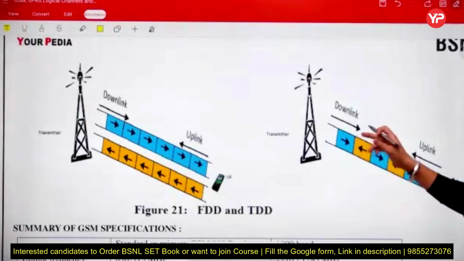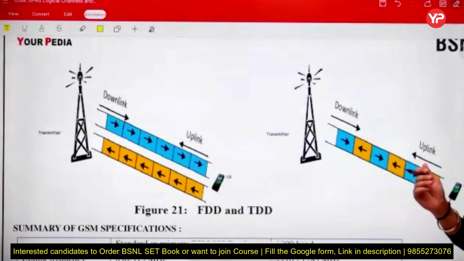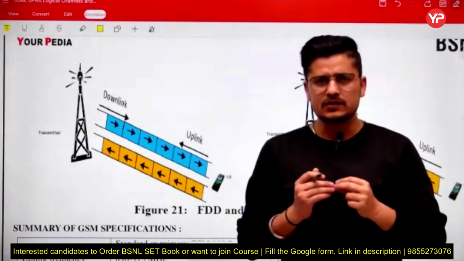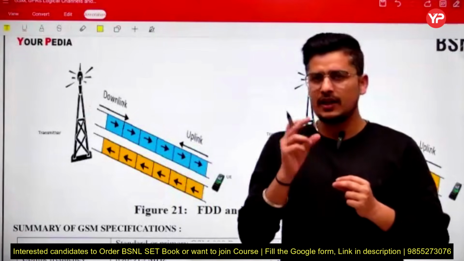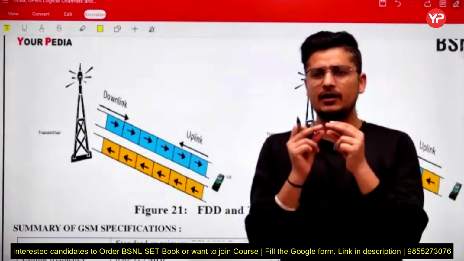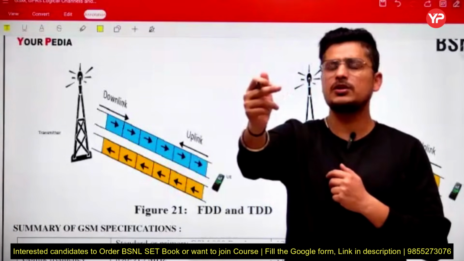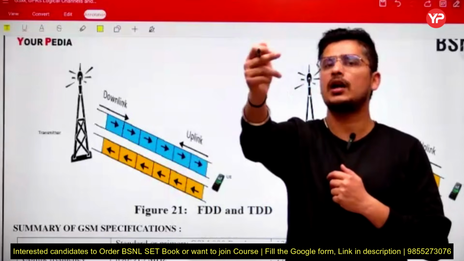We allocate the time slot. Let's say I divide 5 milliseconds for transmitting the information from the mobile station to the tower.